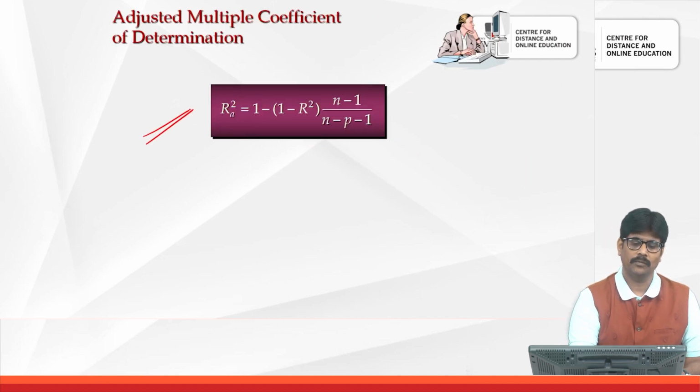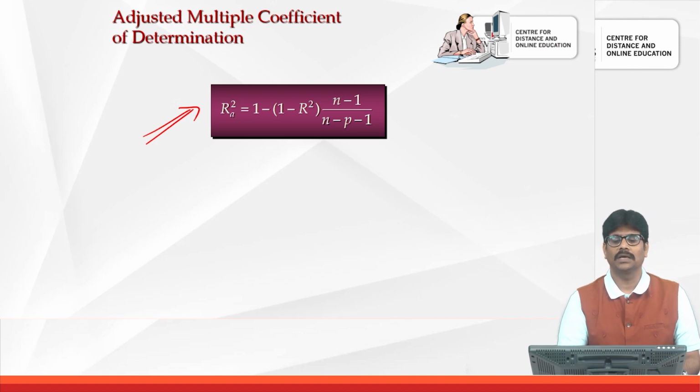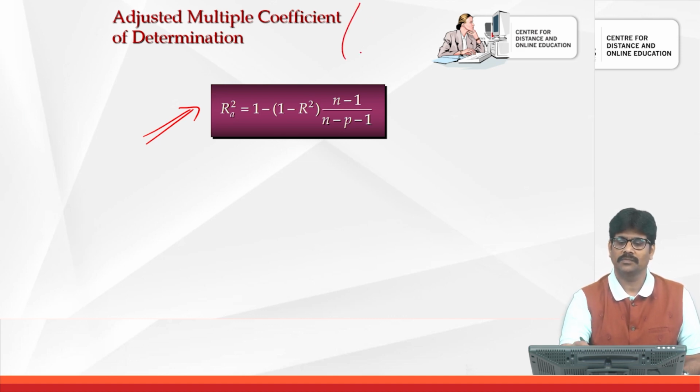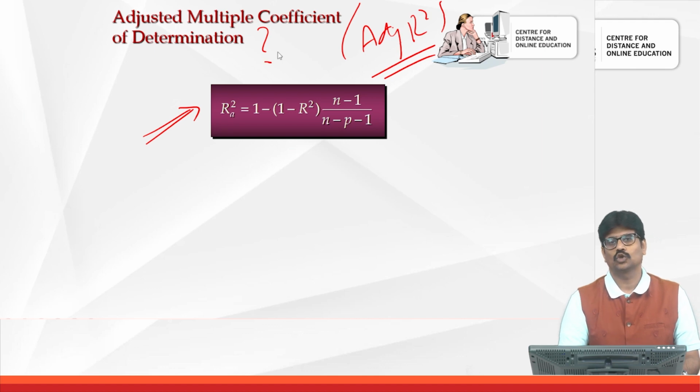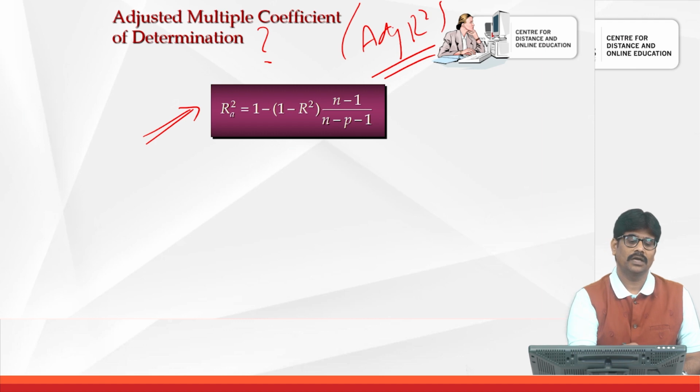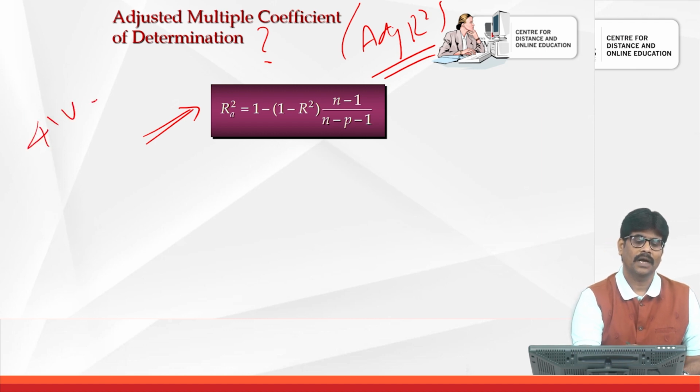And there is one more concept called adjusted multiple coefficient of determination, right. R square is basically the multiple coefficient of determination, and we call the adjusted one adjusted R square. What is the need for adjusted R square? More often than not, if a researcher keeps increasing the independent variables, it can inflate the R square value. Say there are only 4 independent variables and, in a hypothetical situation, R square is 0.84.